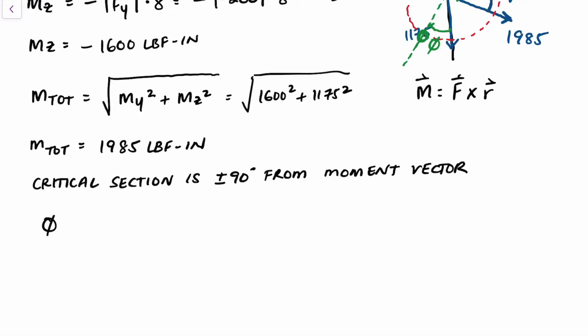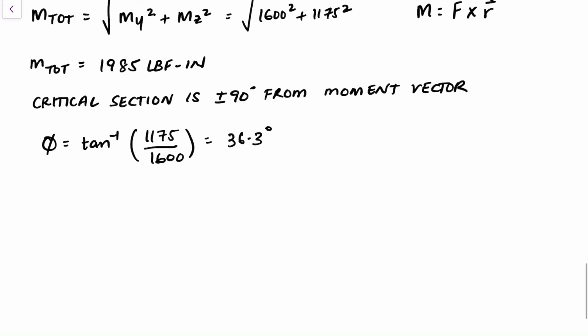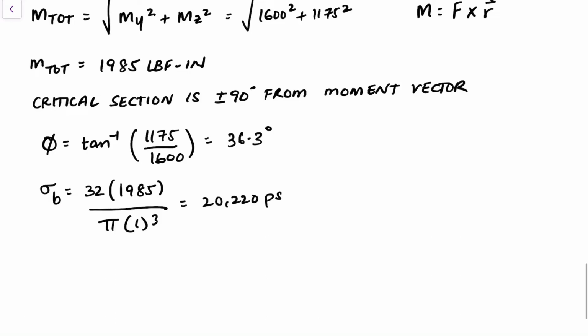So phi is equal to tan inverse 1175 over 1600, and that is equal to 36.3 degrees. And the bending stress is 32 times 1985 over pi times 1 cubed, which is 20,220 psi, or 20.2 ksi.